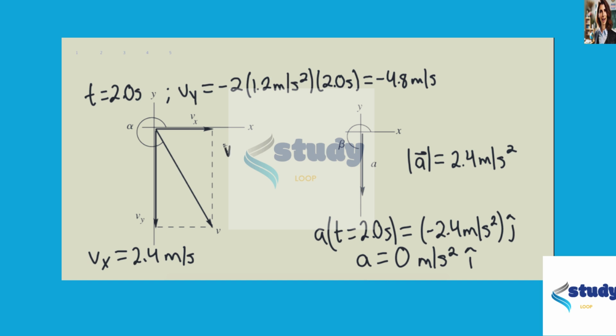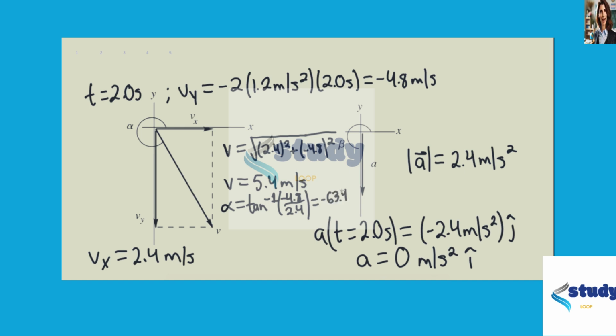And then for the velocity, the magnitude would be equal to the square root of 2.4 squared plus -4.8 squared. And the magnitude of the velocity vector would be 5.4 meters per second. And if we wanted to find this angle here, alpha would equal arctan of -4.8 over 2.4, and this equals essentially -63.4 degrees.